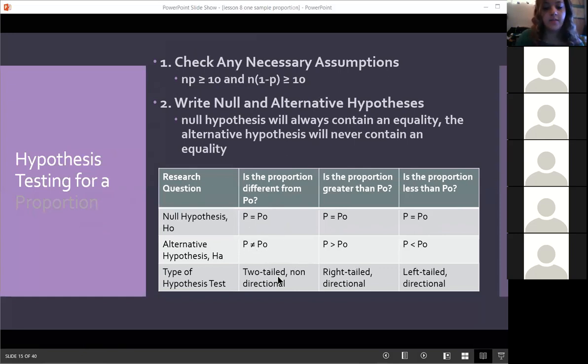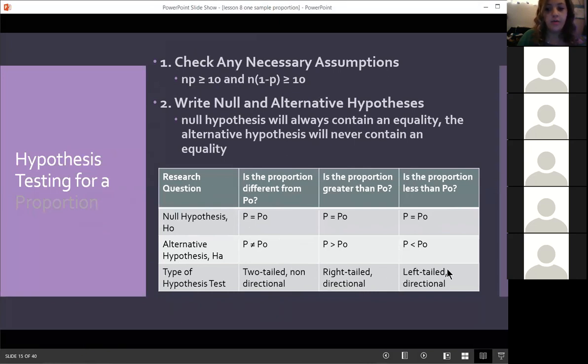And then this table nicely puts out what our research question is and how we would write those hypotheses. So this is something definitely to look over and understand. And then the last part, type of hypothesis test, tells if it's two-tailed or one-tailed.